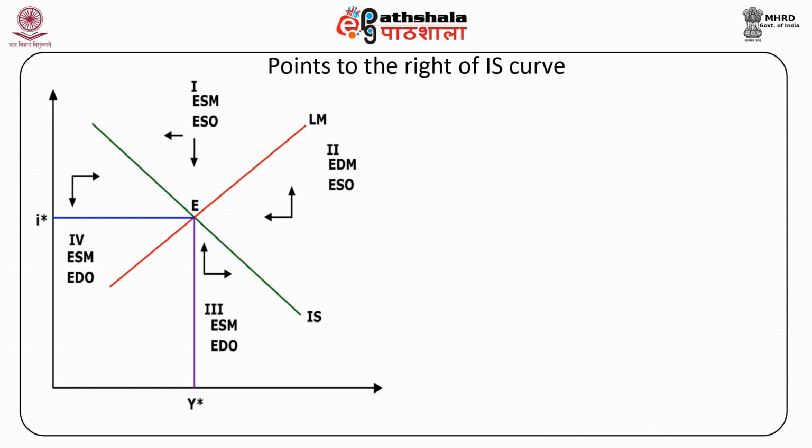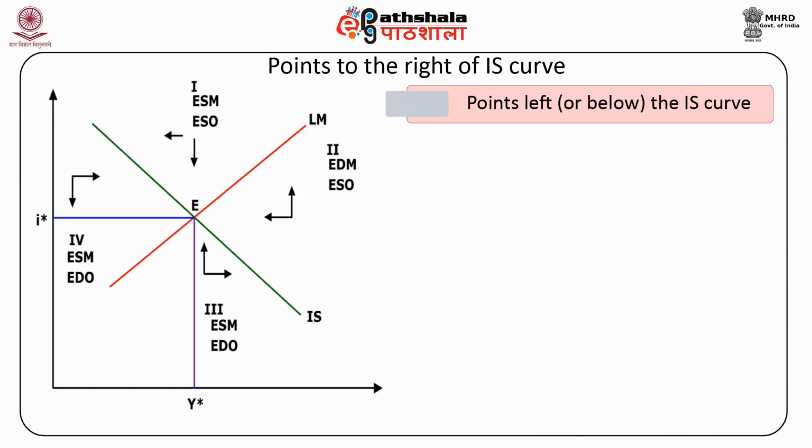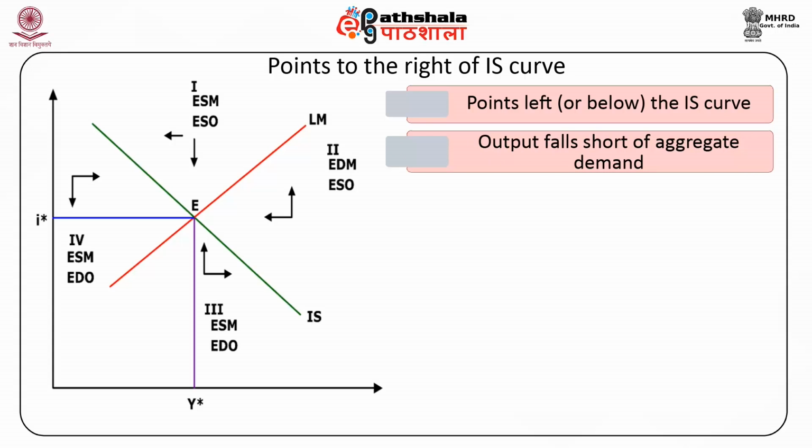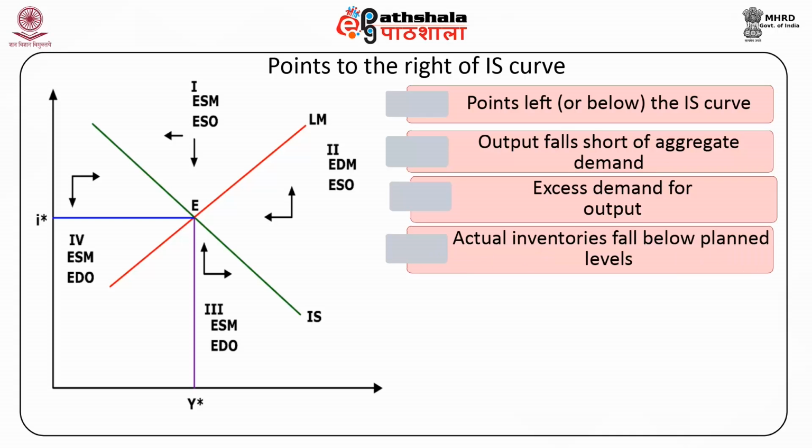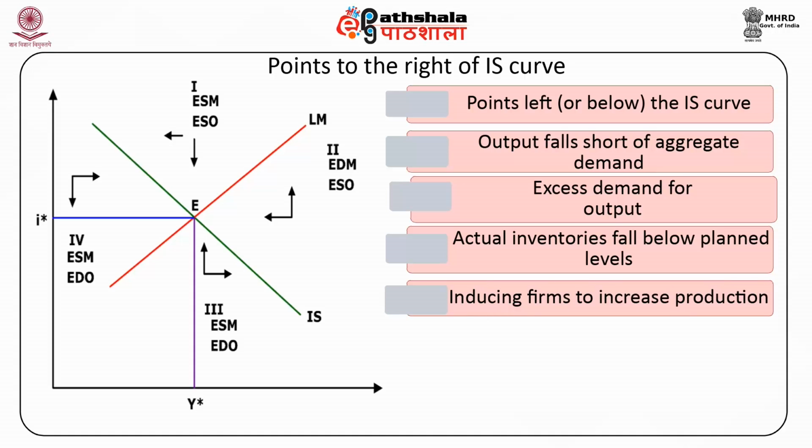Similarly, at all points to the left of the IS curve, output falls short of aggregate demand and there is excess demand for output. In this case, firms' actual inventories fall below planned levels, inducing them to increase production.